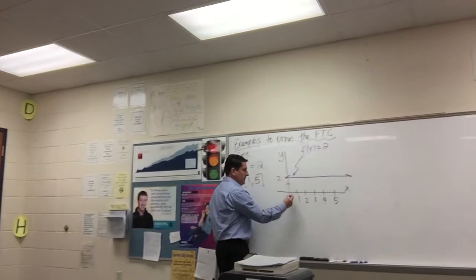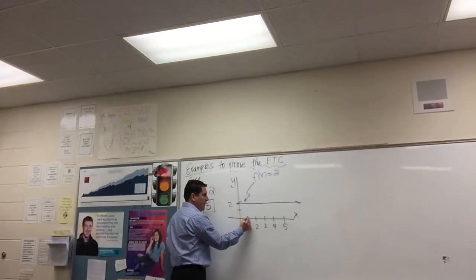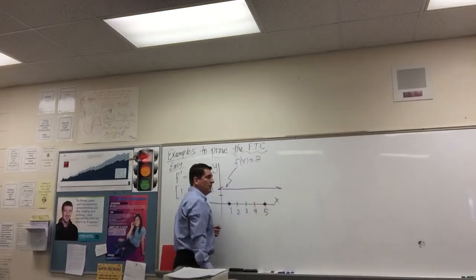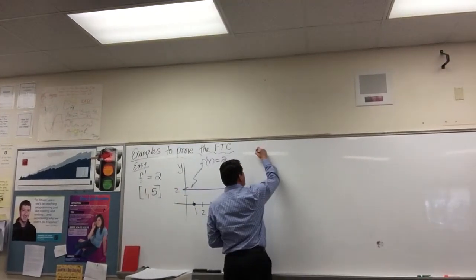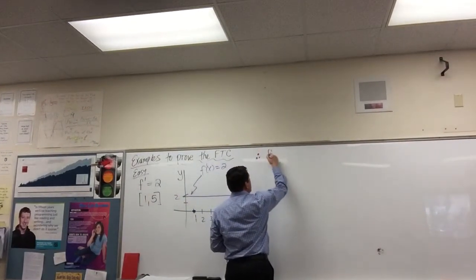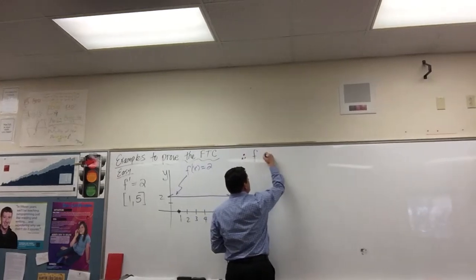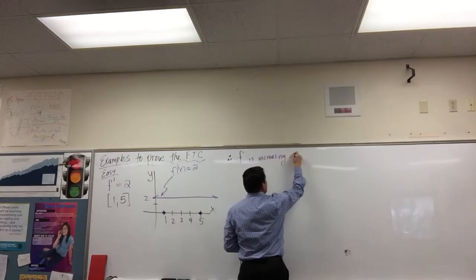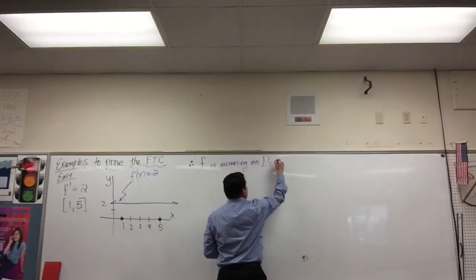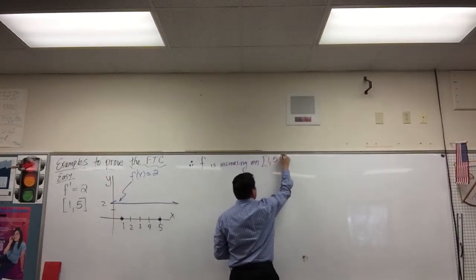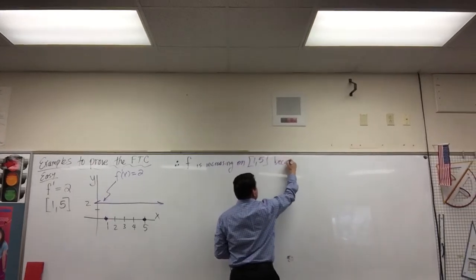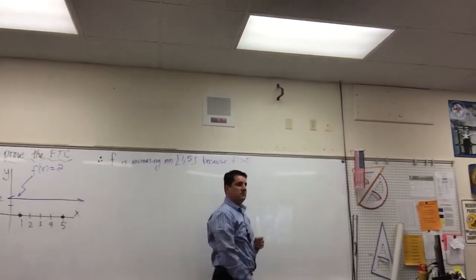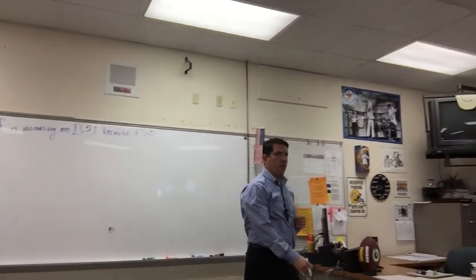If I say, let's focus on the interval from 1 to 5, would everybody agree with this statement? f is increasing on the interval from 1 to 5 because f prime is positive. Everybody agree with that?